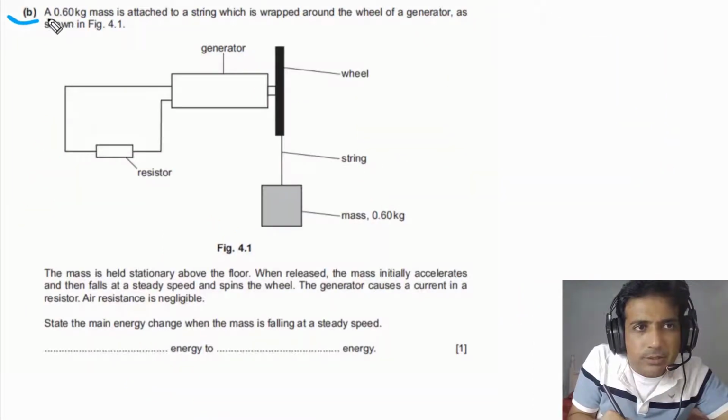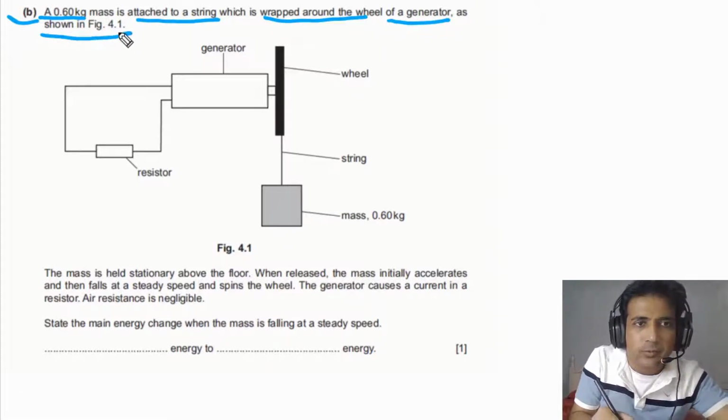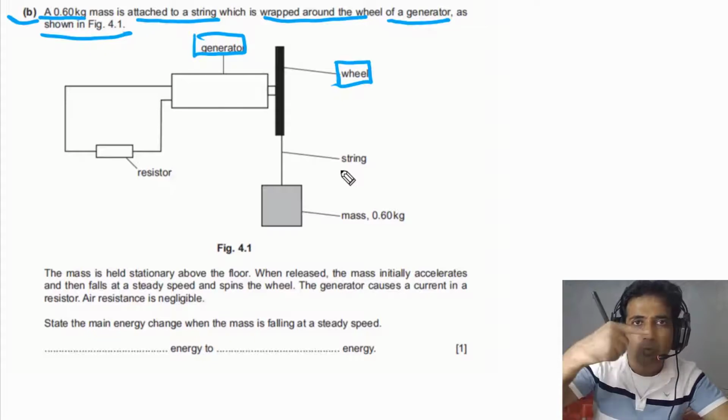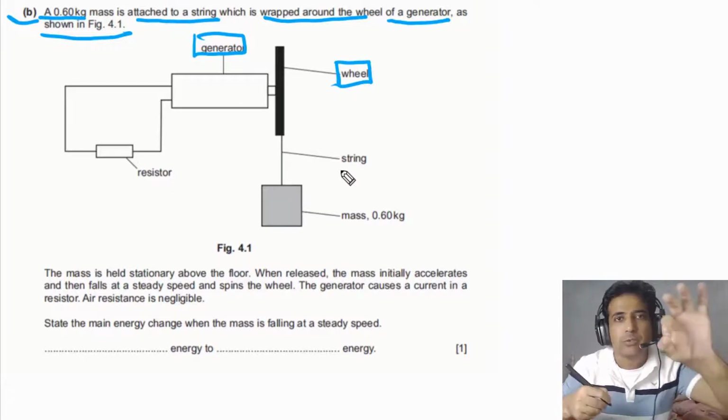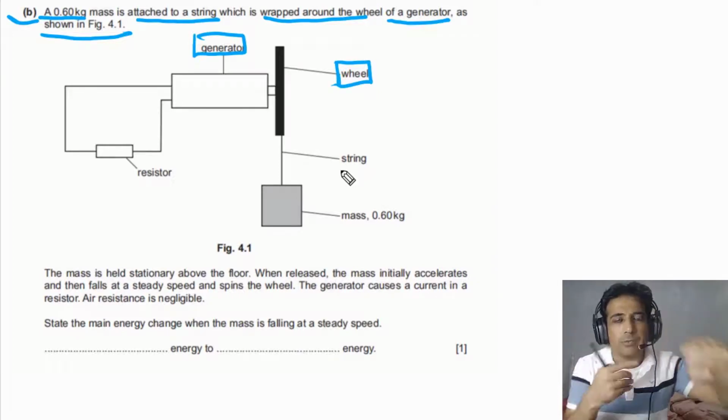For part B, it is given that a 0.6 kilogram mass is attached to a string which is wrapped around the wheel of a generator as shown in figure 4.1. You can see here we have a generator and here is a wheel, and the string is wrapped around the wheel. So you can imagine that this is a wheel and the string is wrapped around it, so it is circular.